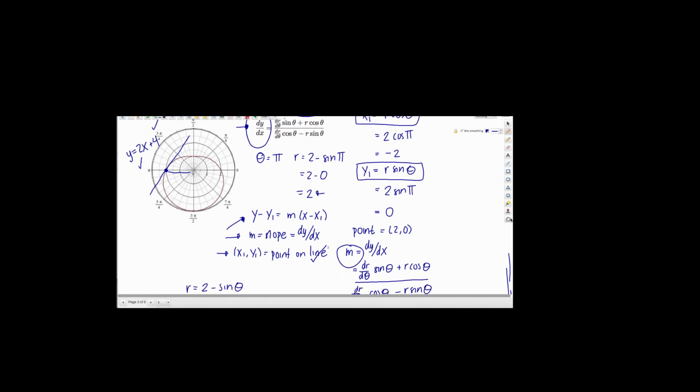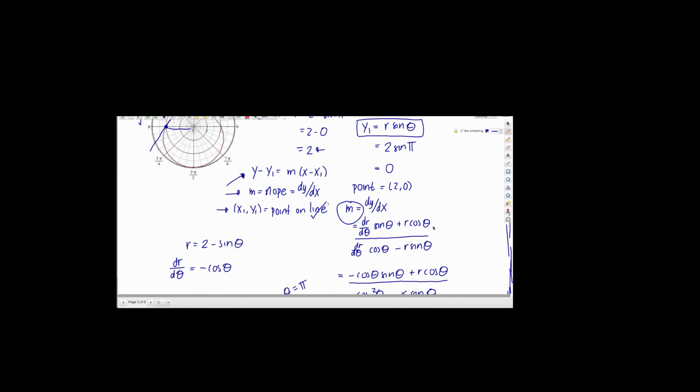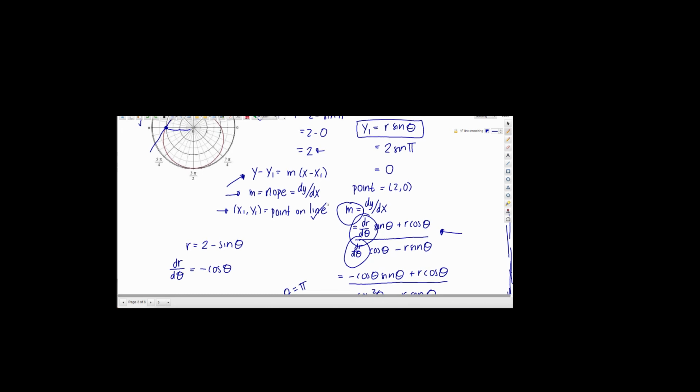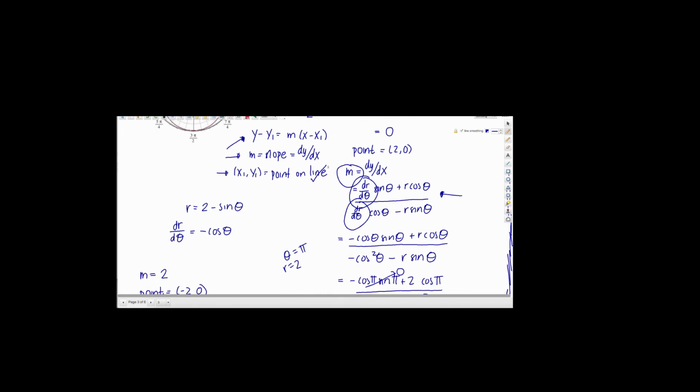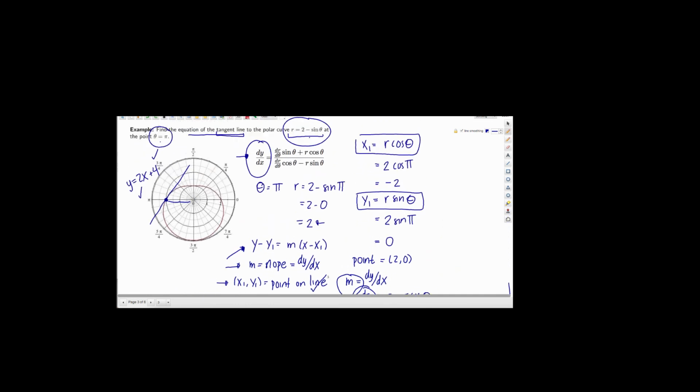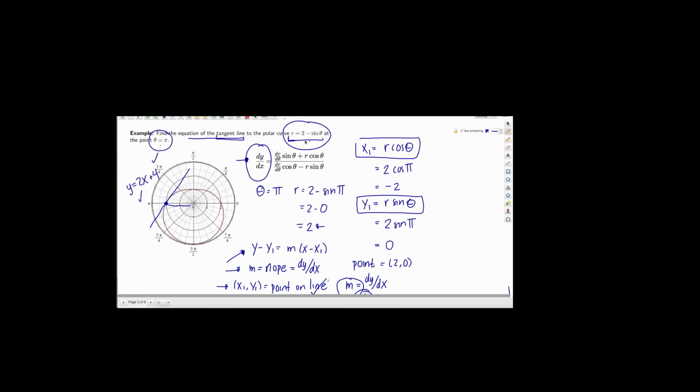So we plug in r and theta to compute dy dx. In our dy dx expression, we have two dr d theta terms. So we'll need to compute dr d theta, which again, we do using our given polar curve, r equals 2 minus sine theta. So in this case, we used our r equals 2 minus sine theta to compute dr d theta, and then from there we just plug in.